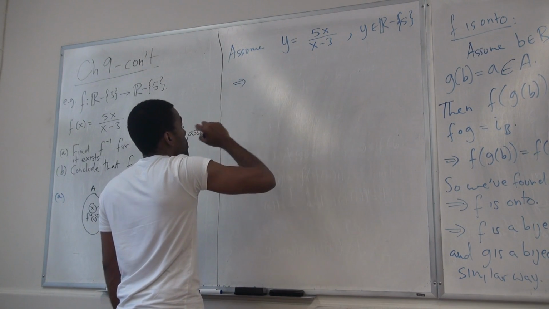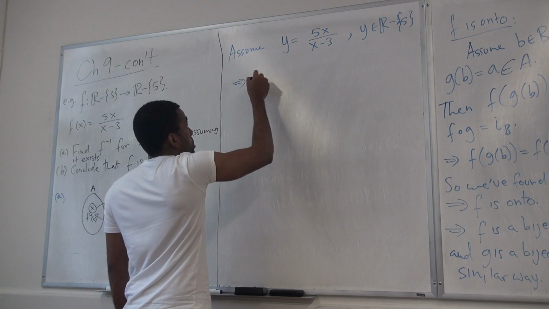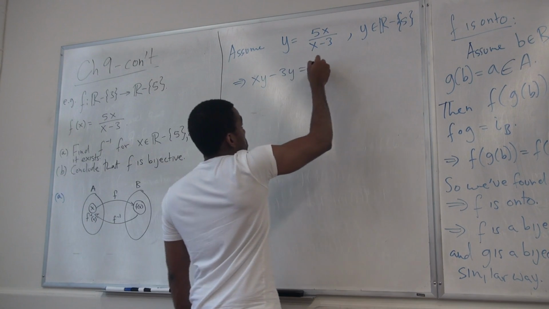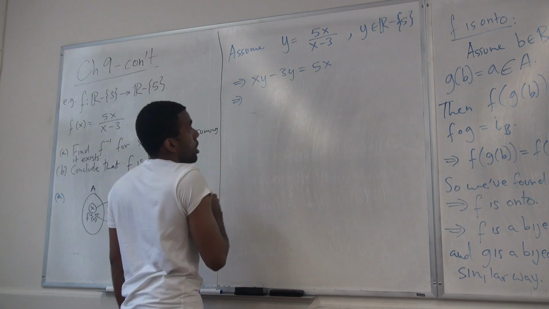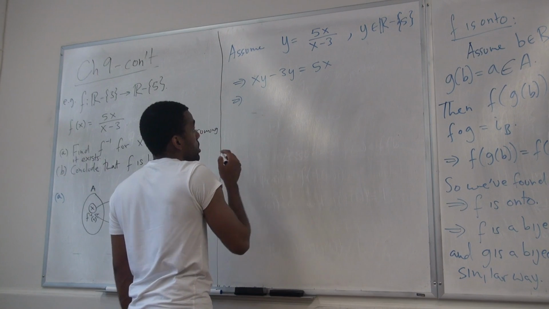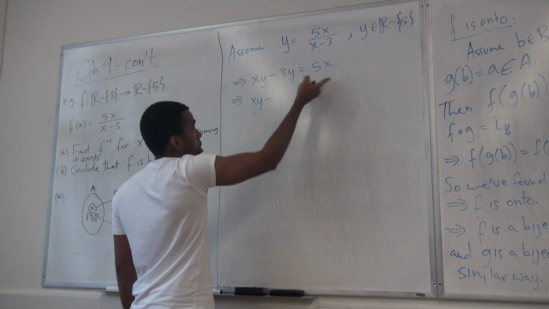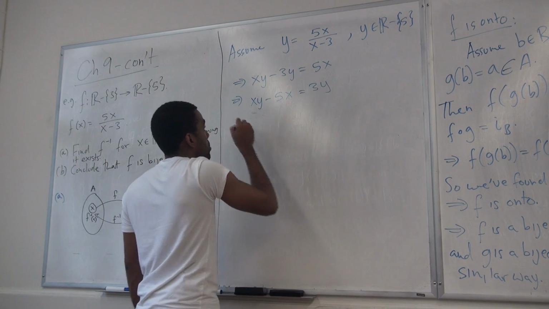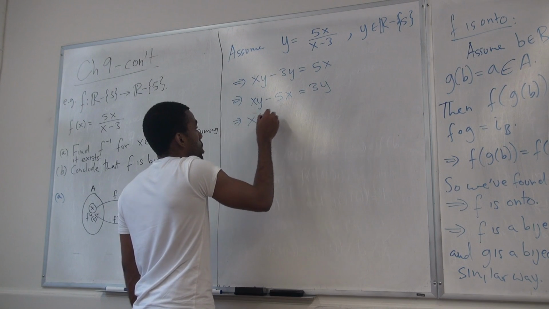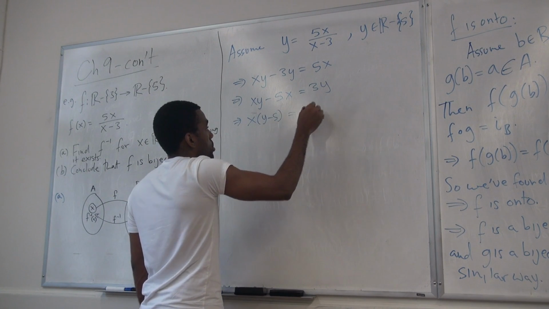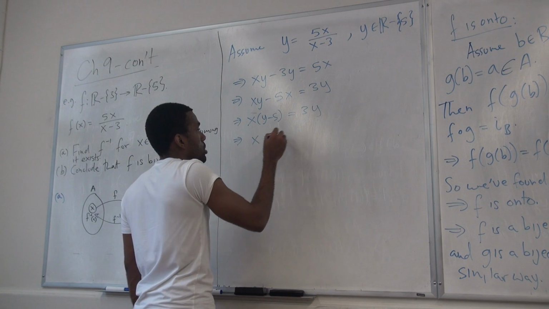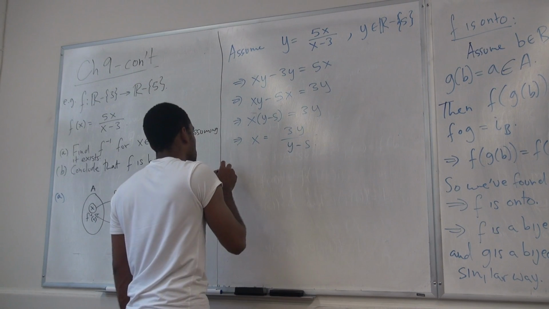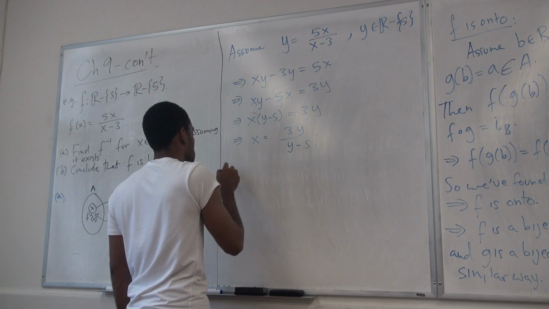We can solve for x, so I just multiply both sides by x minus 3. Then I want to isolate the x's, so I leave x over here and move the other terms over there. This means that x times (y minus 5) equals 3y. This means that x equals 3y over y minus 5.